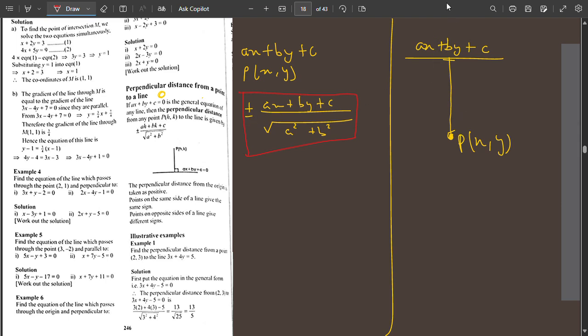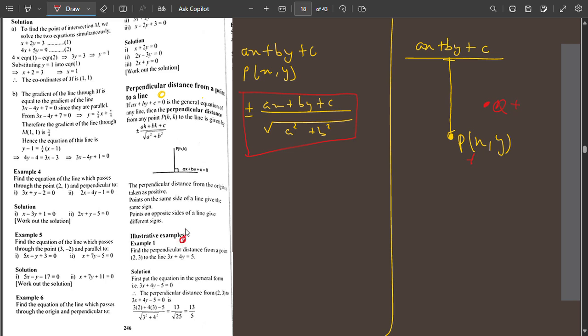So if points are on the same side of the line, they will have the same sign. If another point Q has a positive sign, then P will also be positive because they're on the same side. It means those on the other side will be negative. So points on opposite sides of the line have different signs.